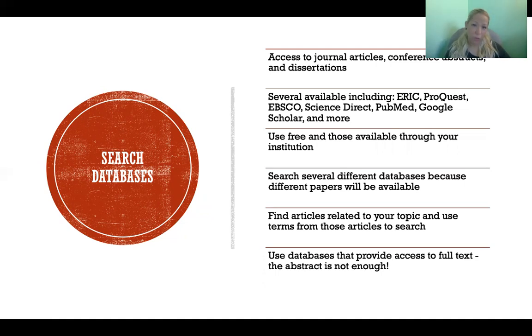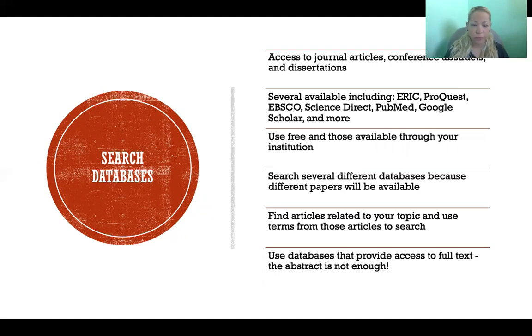that you might have to otherwise pay for if you're searching outside of your access at your institution. So that's a really valuable resource. But even so, if you have no access through an institution, there are still databases like ProQuest and Google Scholar. I love Google Scholar.